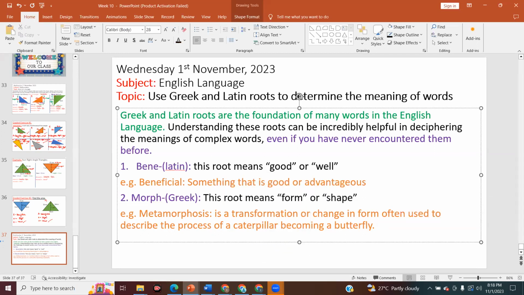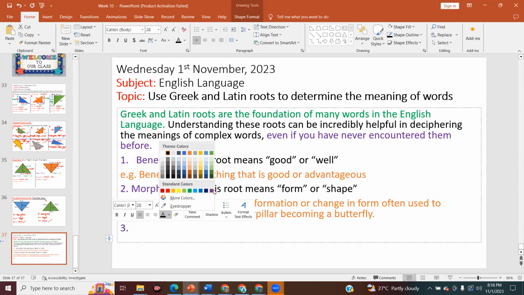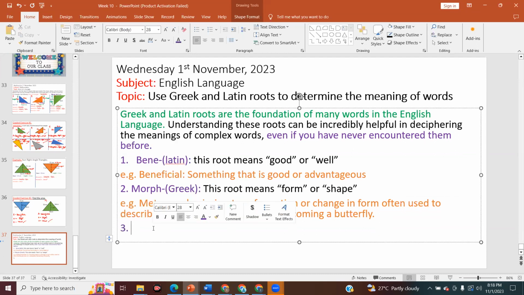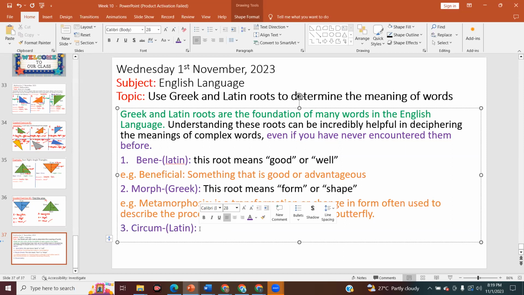All right, number 3. Let's look at number 3. This is kind of weird, but we did this in math last week. And the word is circum. That's Latin. What do you think that means? Whole, okay.